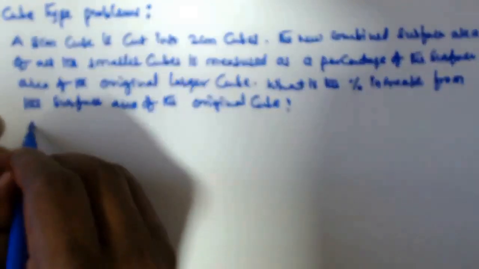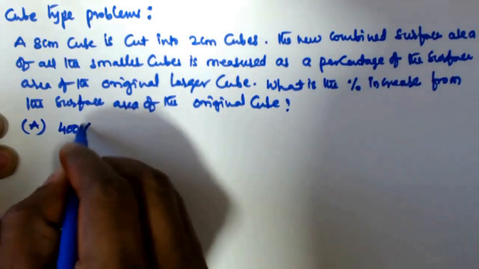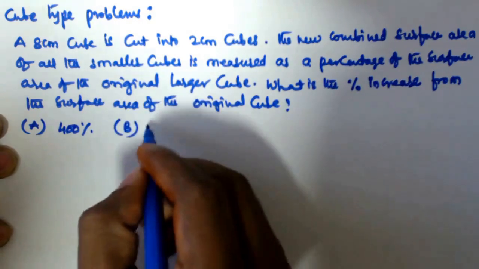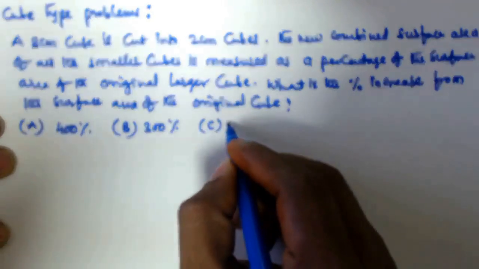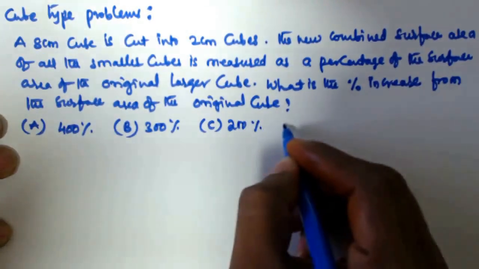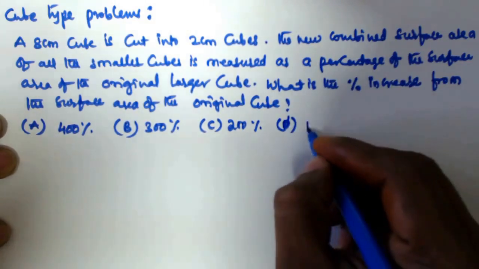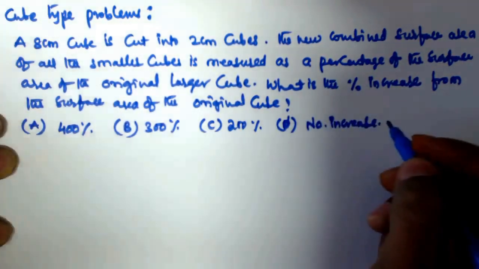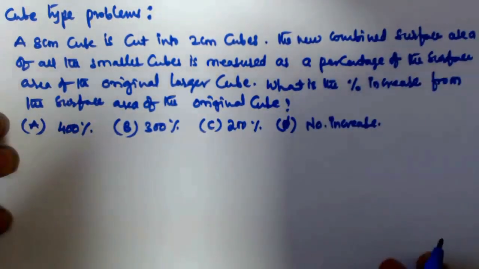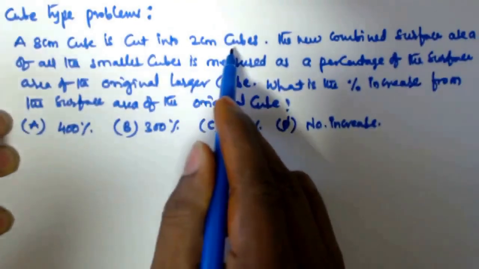So the options are: A is 400%, B is 300%, and C is 200%, and then D is no increase, right?